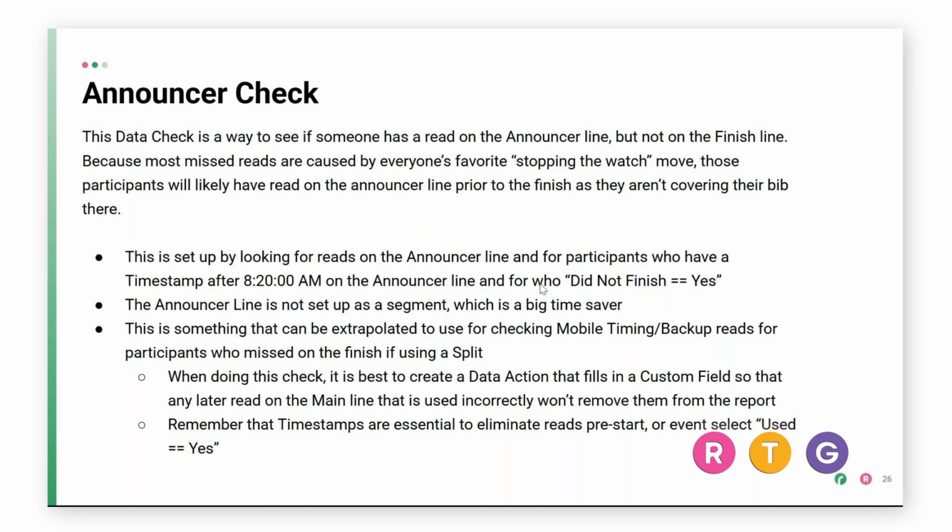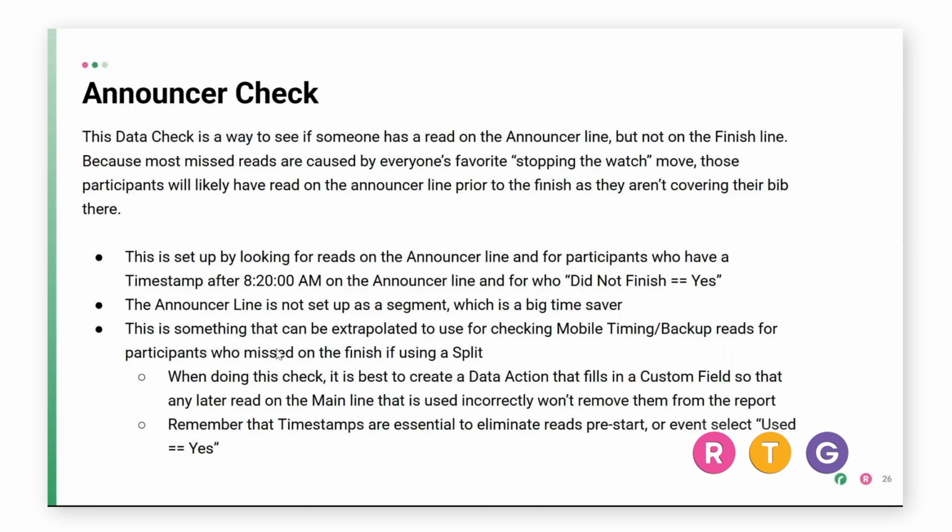So for example, say I was running and I covered my bib when I finished and didn't read on the chip mats, but someone got me on mobile timing and I ran 25 minutes, and that's used and that's great. But then I walk back over and read on the mats at 35 minutes. That would override the backup read.